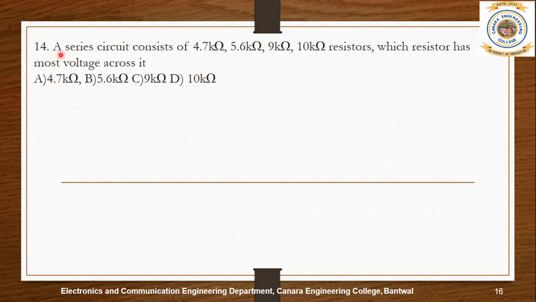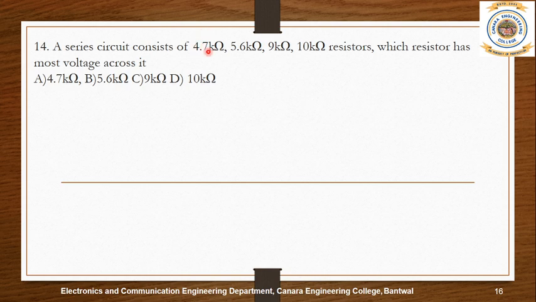Now, next, a series circuit consists of 4.7 kilo ohm, 5.6 kilo ohm, 9 kilo ohm, and 10 kilo ohm resistors. Which resistor has the most voltage drop across it? Here it is a series connection.